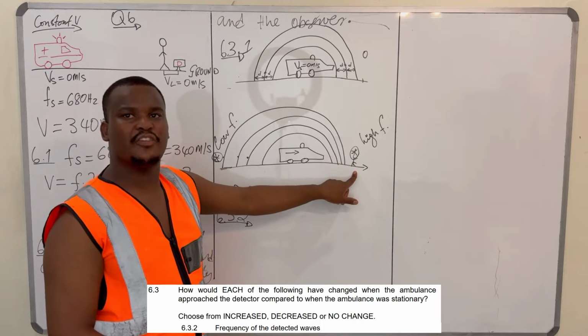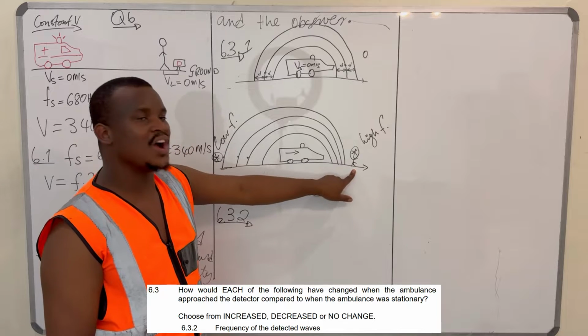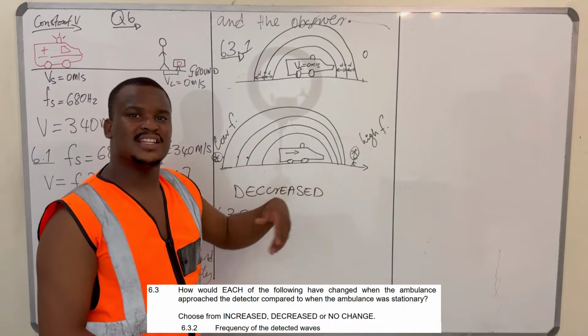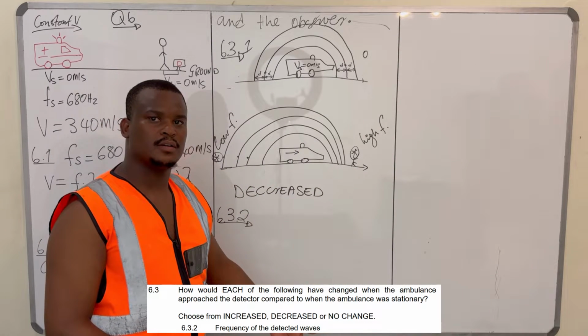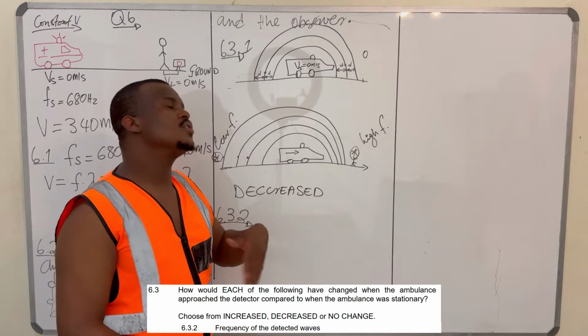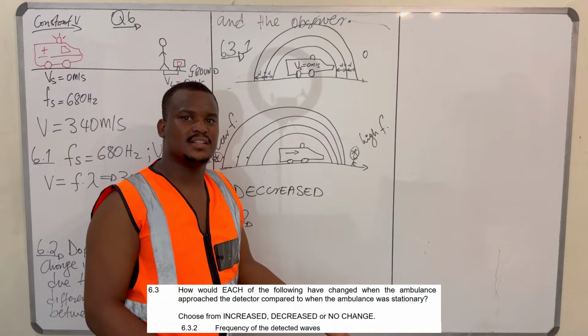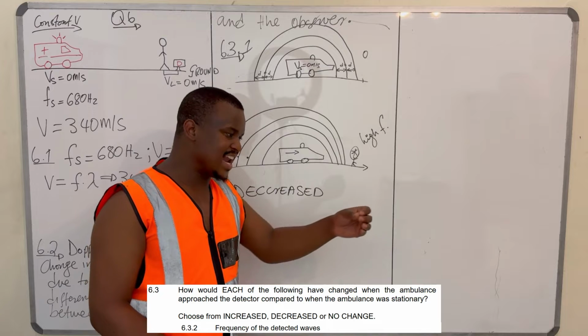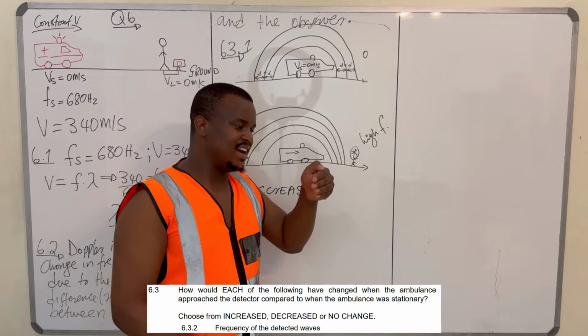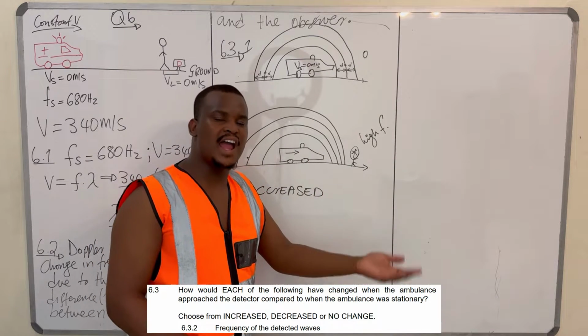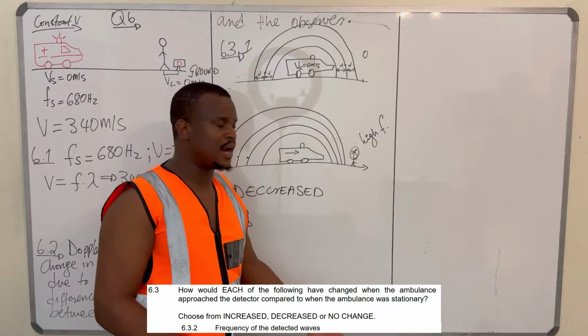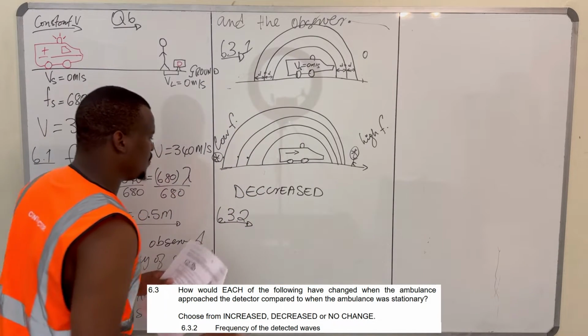This detector of ours, sitting there with our man, will detect more waves per second, which means higher frequency. The greater the number of waves detected per second, the higher the frequency. So we will say the frequency will be increased.